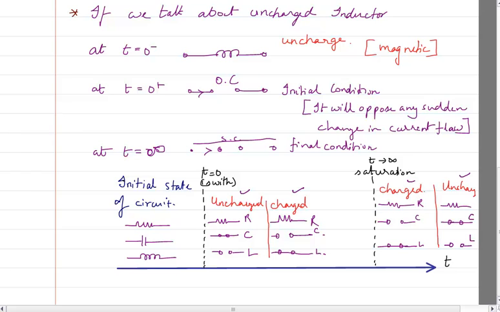And we have to remember this because what we are trying to do in this section is write an equation of current and voltage in the transient state or stage. So what happens in this transient state to the voltage and current in the circuit? What is the equation for that? That is what we are trying to find out here. So you should remember this final diagram that I have drawn.